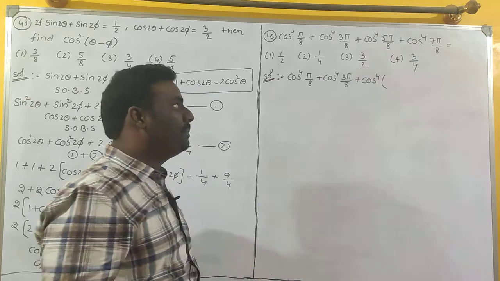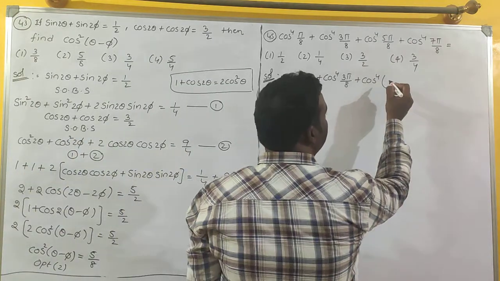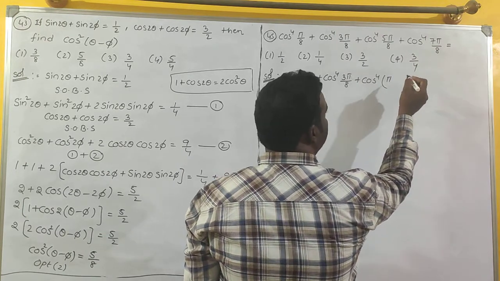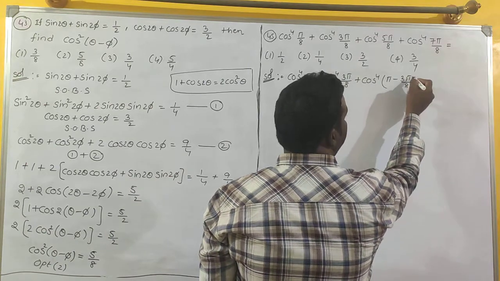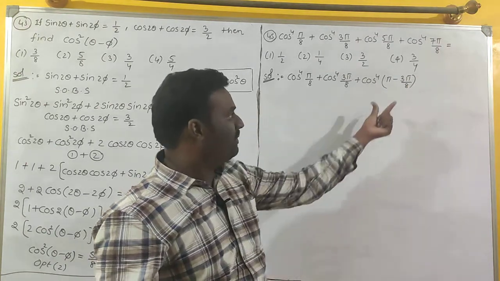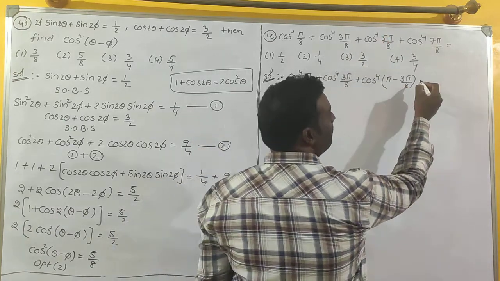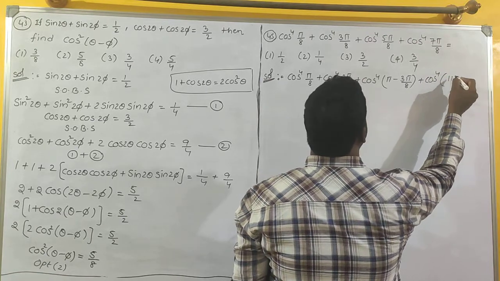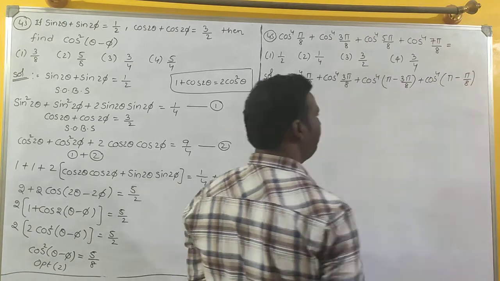This 5 pi by 8 can be written as pi minus 3 pi by 8. Correct or not? If you simplify this, you will get this only. Similarly, plus cos power 4, this 7 pi by 8 can be written as pi minus pi by 8.